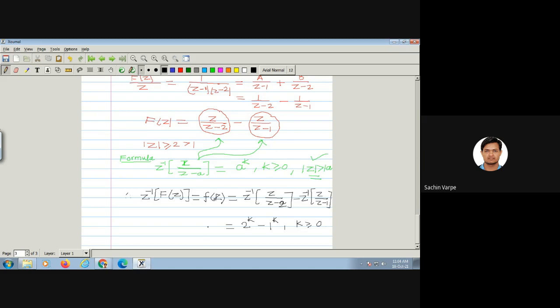Right? Is this clear? Any doubt? Any question? So we have noted all these formulas. I think equality should not be there, right? K strictly greater than 0, no?